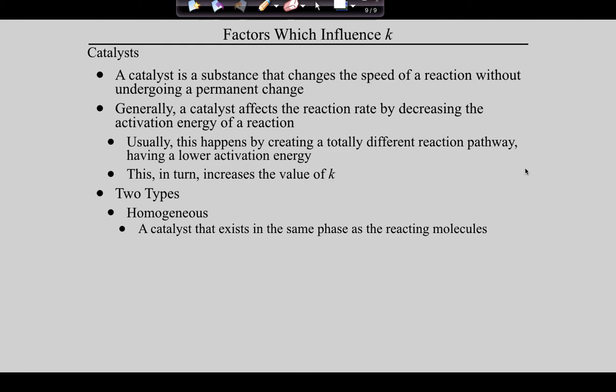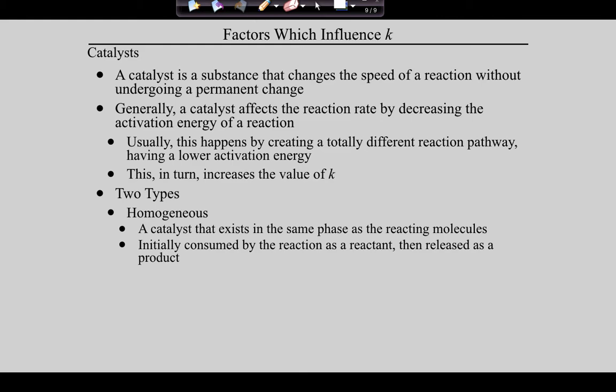It simply means that the catalyst is in the same phase as the reactants. Typically, these are gases with gases and liquids with liquids. Generally, what happens here is the catalyst is consumed as a reactant.